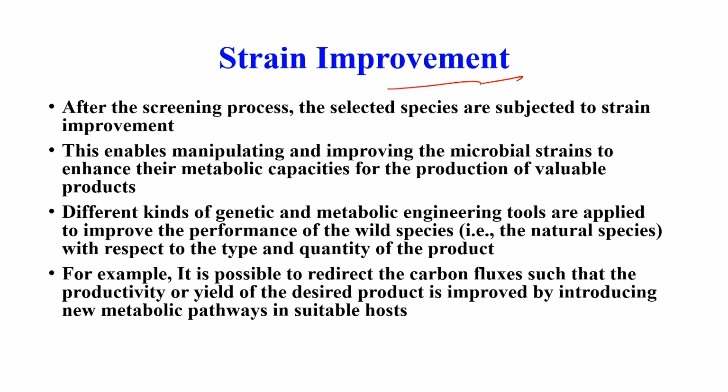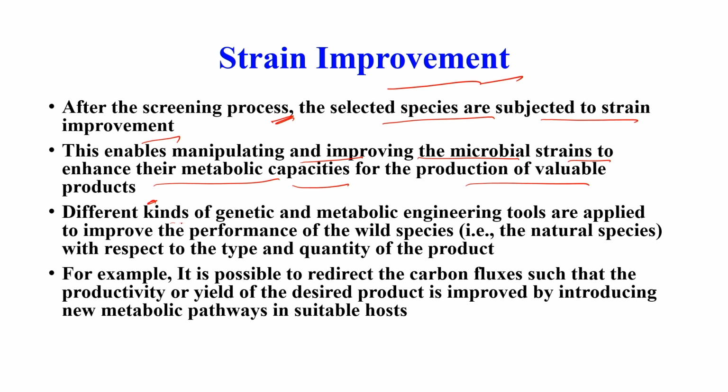What it says is, after screening, the selected species are subjected to strain improvement. Why do we need to go for strain improvement? Particularly to improve the yield of your desired product. This enables manipulating and improving the microbial strain to enhance its metabolic capacities for the production of valuable products.